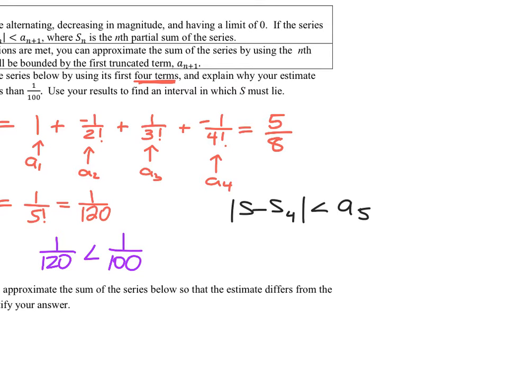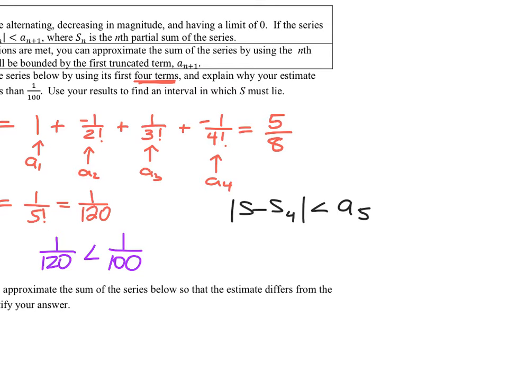S minus S sub 4 has to be less than a sub 5 by rule. S minus S sub n has to be less than a sub n plus 1, and we denoted S sub n being S sub 4 and a sub n plus 1 being a sub 5.